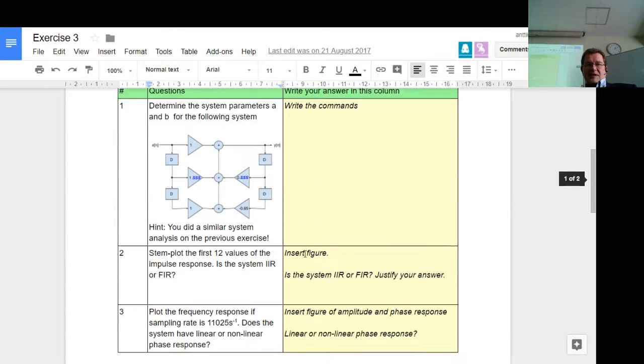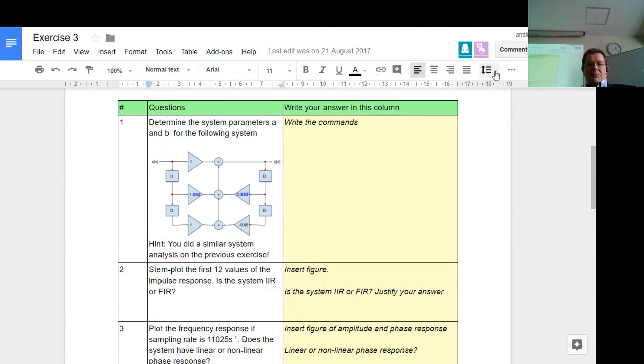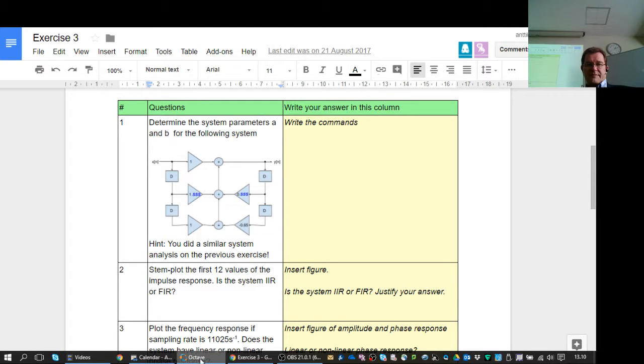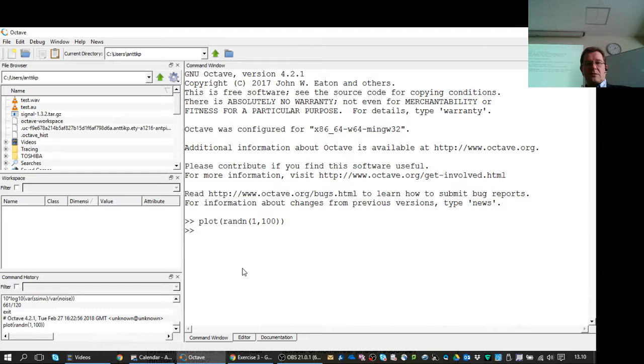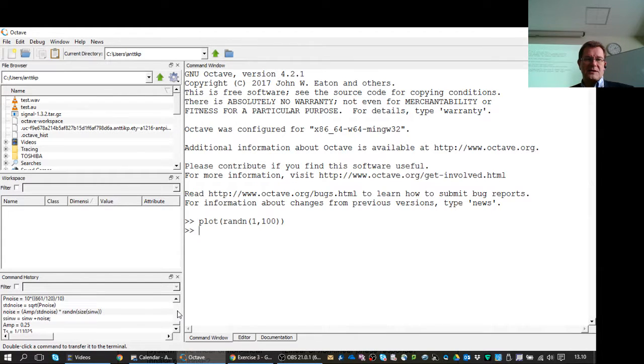So where shall we start? I should probably start Octave. And this time I actually started already in the morning, and also just to wake up the graphics, I put in a run that plotted something. So now everything should be good. And I could actually, just for fun, take yesterday's system.